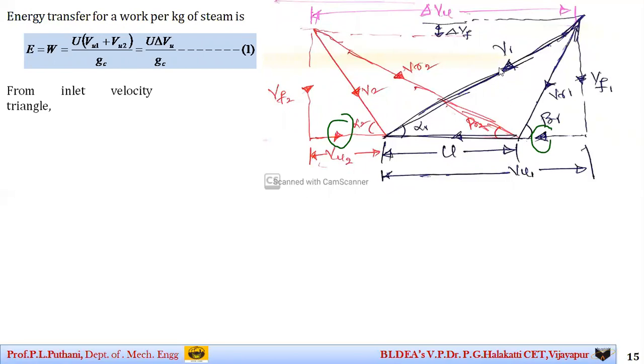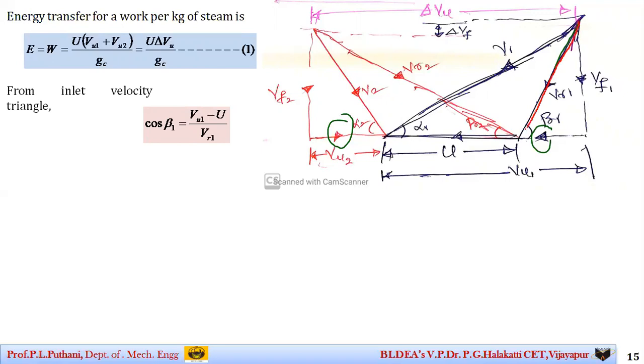So please observe here, everybody. Now I am saying with respect to the inlet velocity triangle, if I prefer this particular triangle, see here, I'm highlighting this with the pink colored, the red colored arrow mark lines.